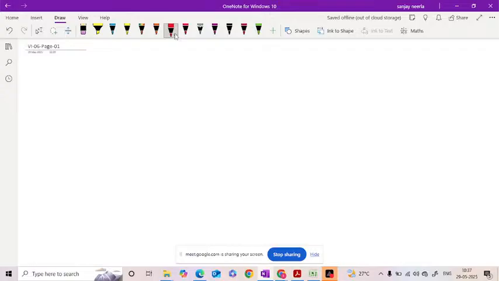The surface integral of the curl of a vector over a surface is equal to the line integral of the vector over the closed curve bounding the surface. Very good.